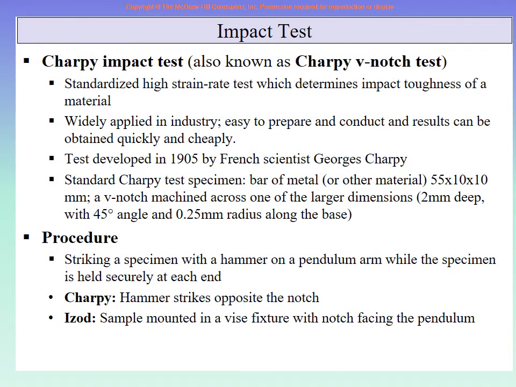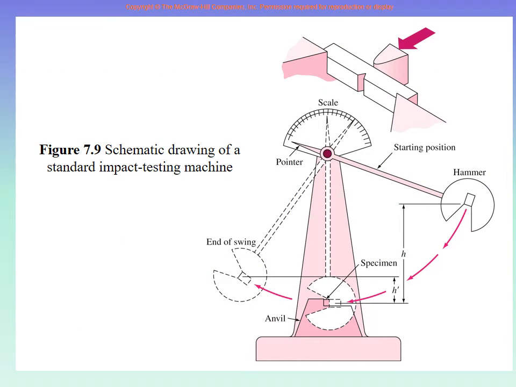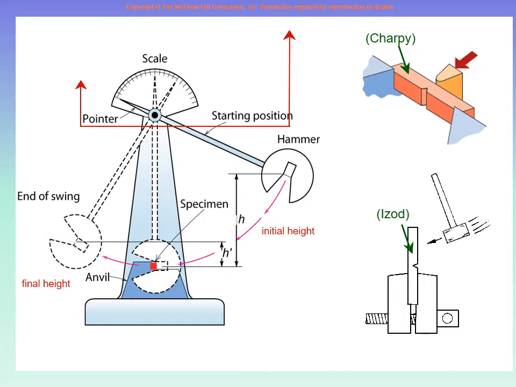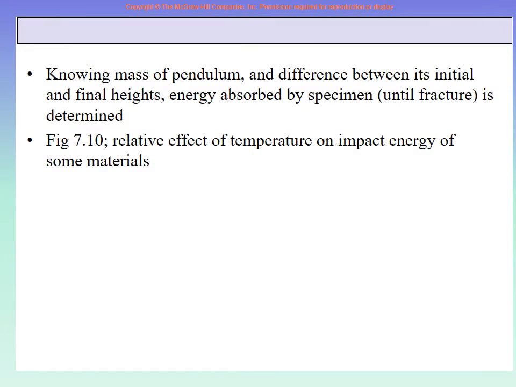What is the Charpy impact test, the Charpy V-notch test, and the machine? The procedure for the test with the Charpy sample and the Izod sample. We showed you a schematic diagram of the Charpy impact testing machine. Another diagram where we showed the machine and the heights h and h dash, and the Charpy sample and the Izod sample, and how the energy is calculated during the test.